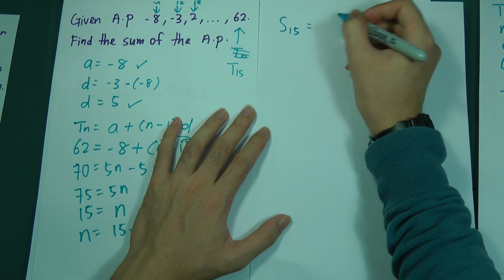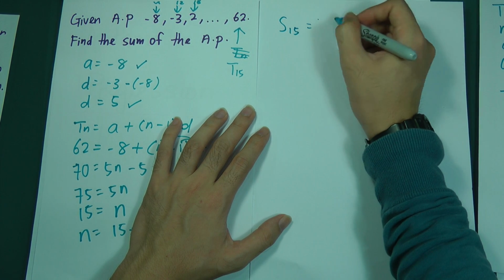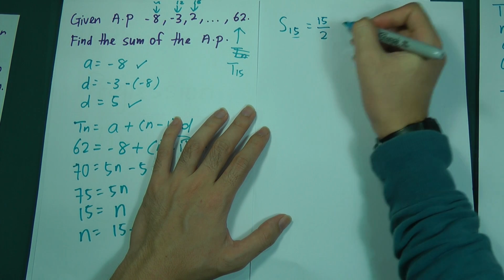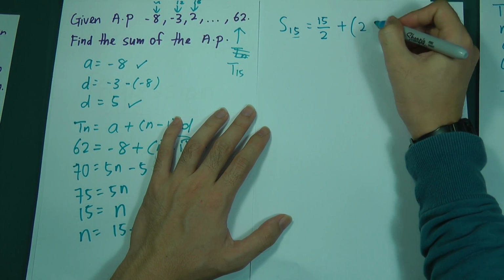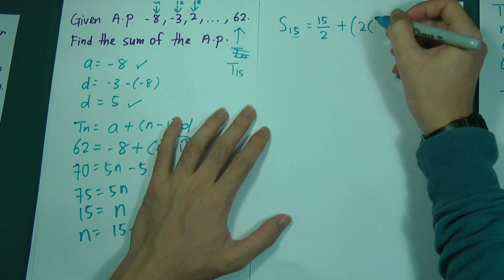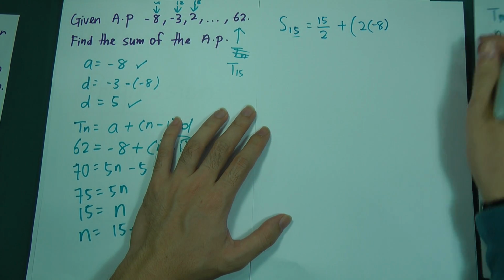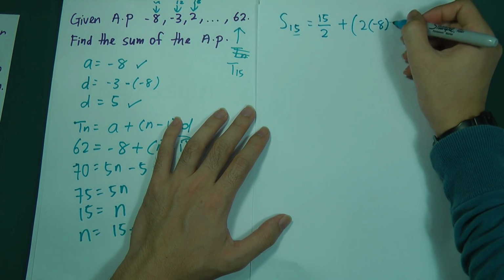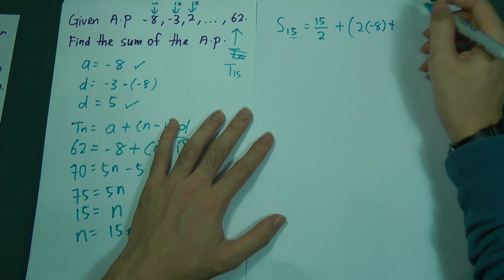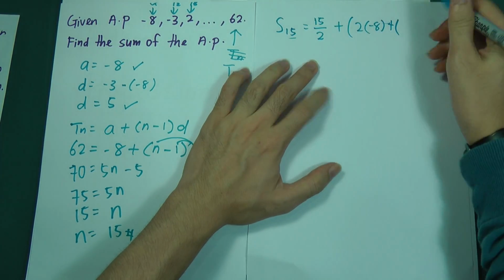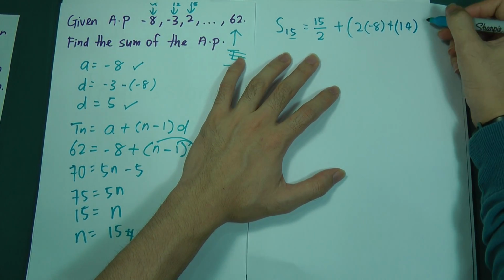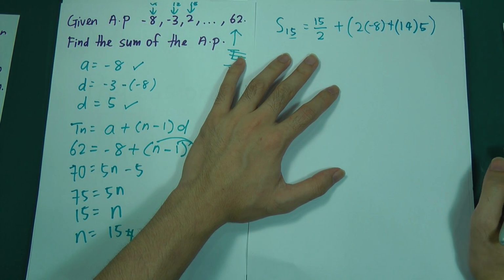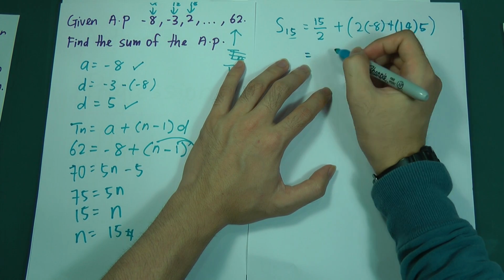N divided by 2, N is 15. 15 divided by 2 multiplied by 2a plus n minus 1 multiplied by d. A is negative 8, N is 15, 15 minus 1 is 14, d is 5.